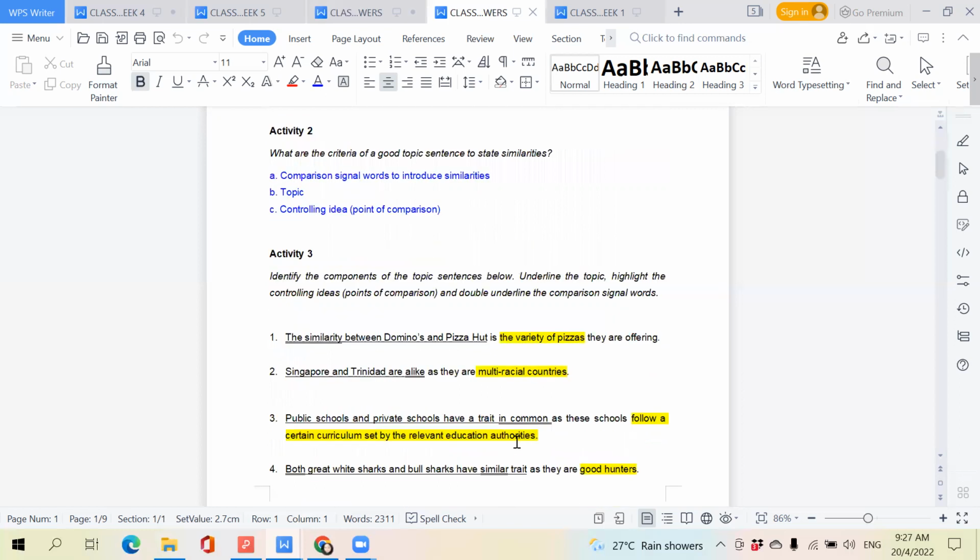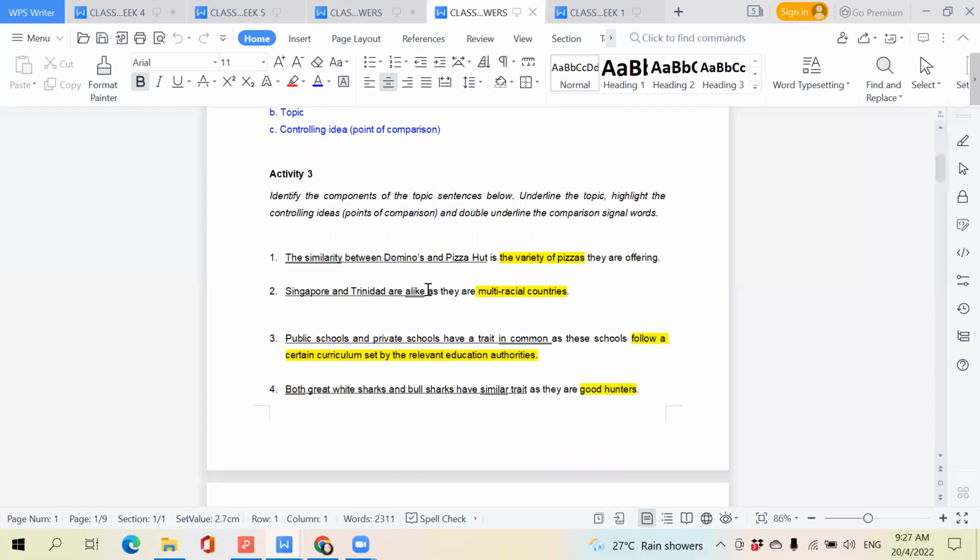So let's see. Number 1, the sentence is, okay, this is the topic sentence: The similarity between Domino's and Pizza Hut is the variety of pizzas they are offering. This is a good example of a topic sentence because, although it's quite short, only one line, you can see all of the required components. The first one says similarity.